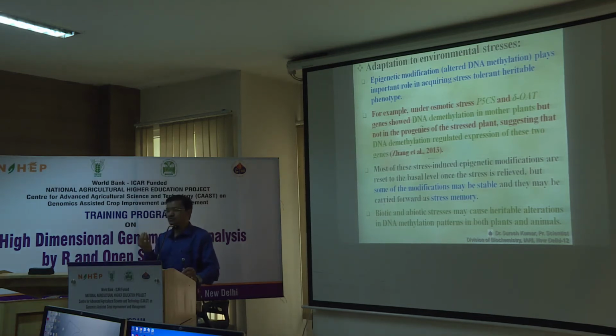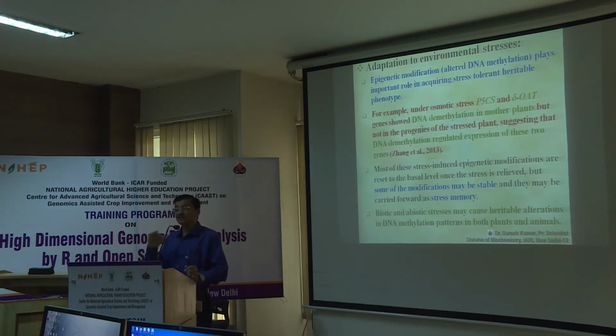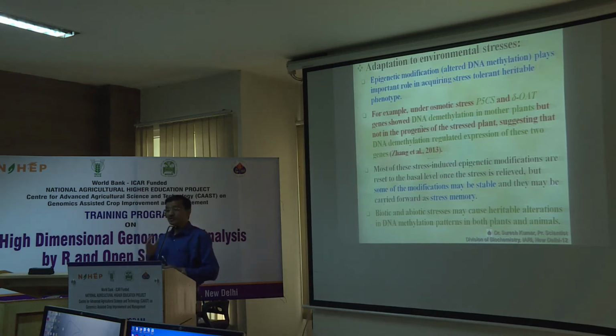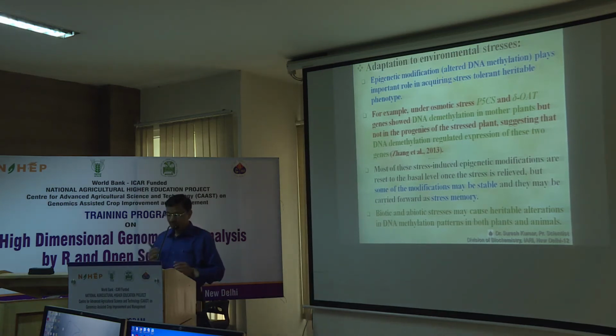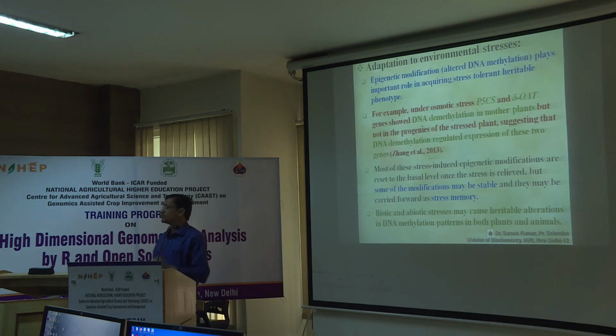Stomata should be closed, so that loss of water because of transpiration is minimized. Certain other genes, like proline content, should increase, so that it can hold water. So, they are all regulated through epigenetic changes. That sort of evidence is becoming available, that it is controlled through epigenetic changes.